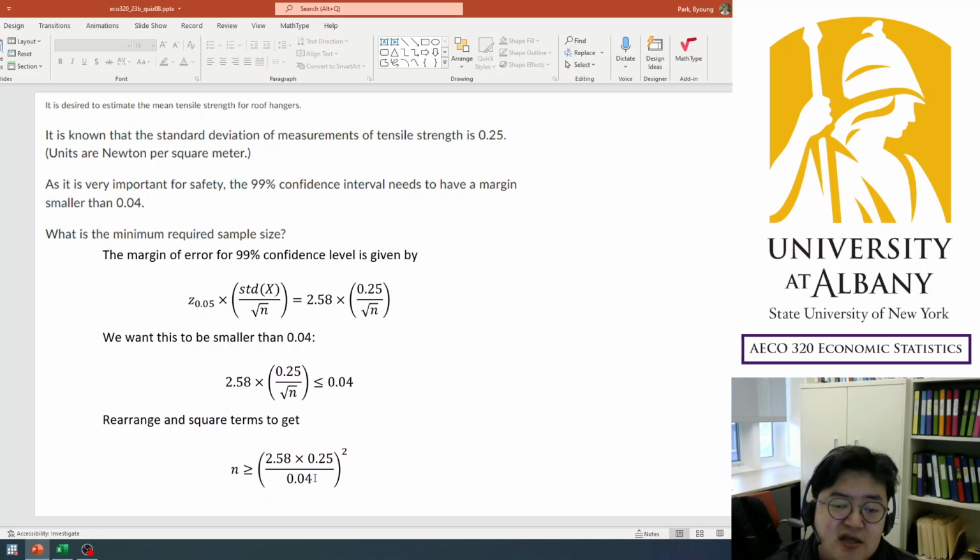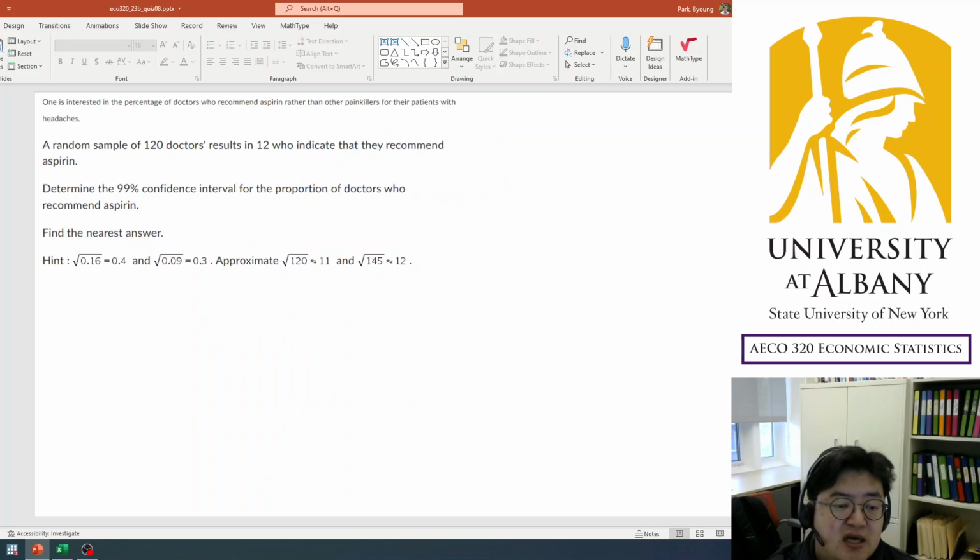Calculate this and find the smallest integer that satisfies this inequality. That is the minimum required sample size. Okay, I believe you can do this, right? It should be straightforward to calculate this inequality. Okay, the next one, the last one. Not the last one, sorry. It is the last question, that's right.